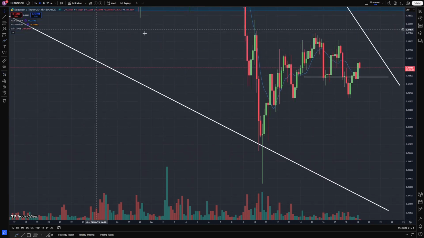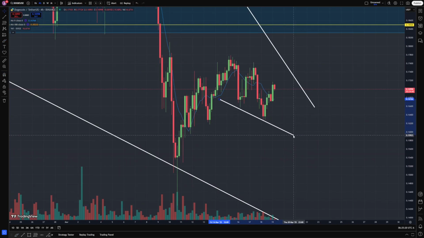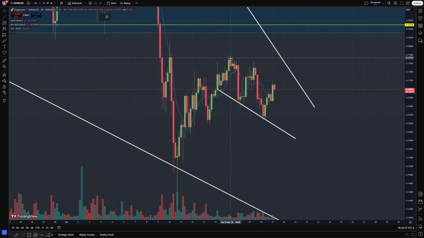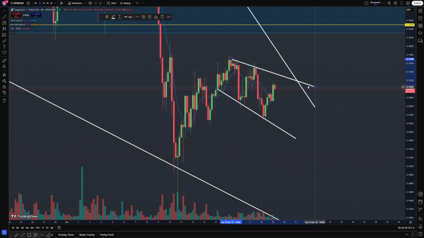But yeah, in the smaller time frame, it kind of looks like a little ascending broadening channel. That's what it's called, broadening channel. Something like this, in my opinion, where we have this top right here, and then support, but it's basically in a channel pattern, but it's getting wider and wider. That's what I'm thinking anyways.